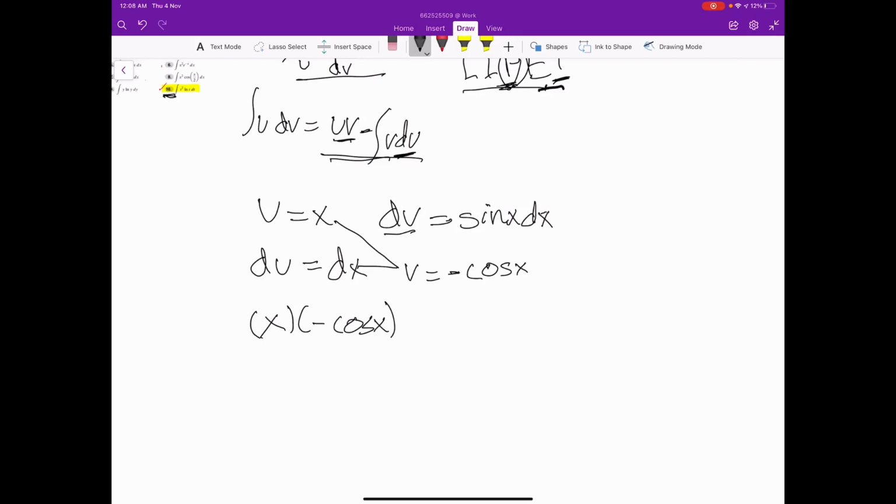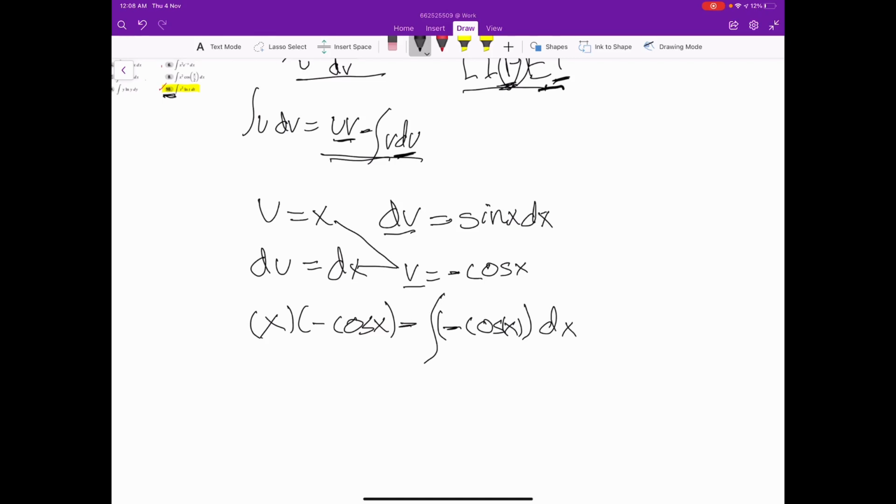We wrote the uv, then minus, according to the formula, the v, which is minus cosine x, times our du, which is 1 dx.